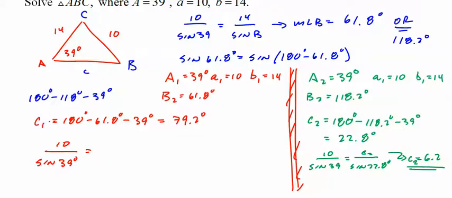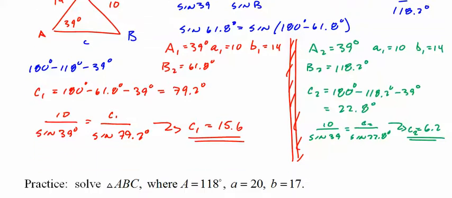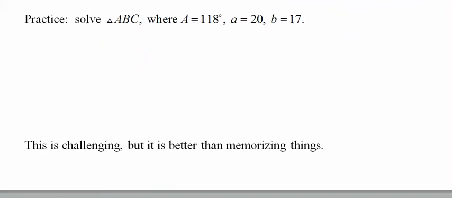Oof, that was terrible. C1 over sine of 79.2 degrees. Holy cow, huh? C1 equals. So yeah, this is the time to groan, when you're doing a problem and you realize, oh no, there's two solutions. It's not easy.